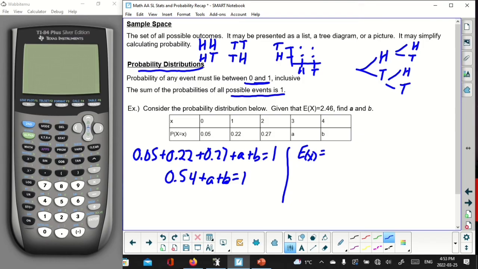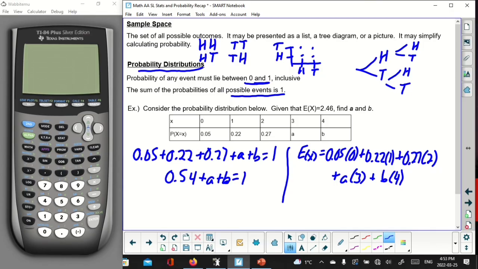So it's told us a second piece of information. The expected value is 2.46, which would be the probability times the value for each of these. 0.05 times 0, 0.22 times 1, plus 0.27 times 2, plus A, where A is the probability of the outcome of a 3, and B is the probability of the value of 4.